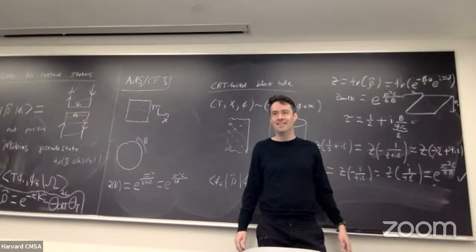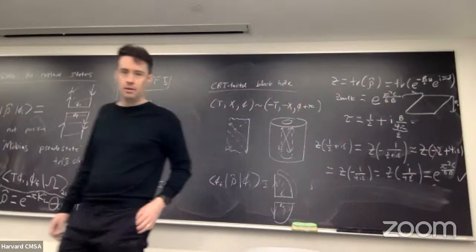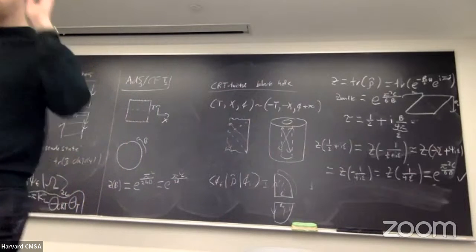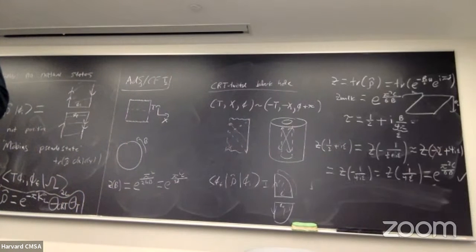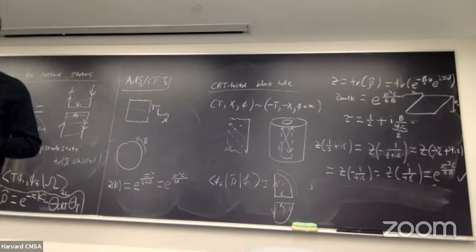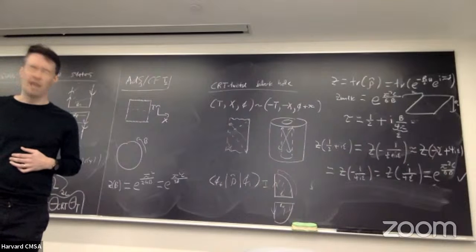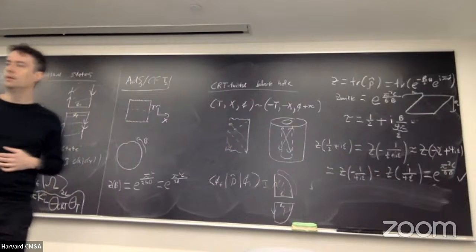And you mentioned that the different saddles will contribute at subleading order, but shouldn't it not contribute because it has a different chemical potential from real? No, you analytically continue to imaginary chemical potential. Imaginary chemical potential. Yeah.